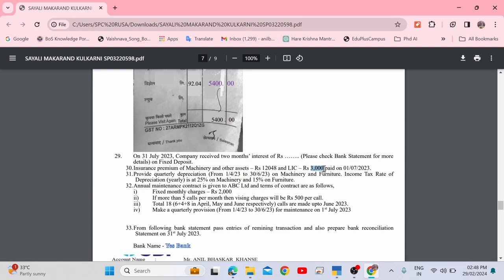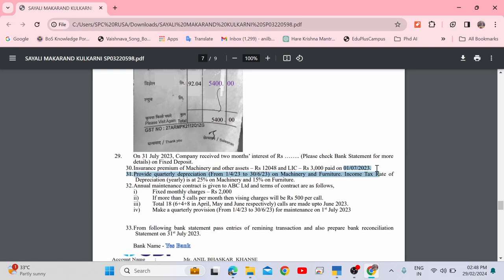Then somewhere you should write what you have paid for owner, therefore you should write this 3,000 in the capital account as a drawing. Either create drawing account and enter there 3,000, or simply give debit to capital account. Giving debit to drawing means giving debit to capital only. Therefore now check this transaction, machinery 12,048, insurance, and then 3,000.